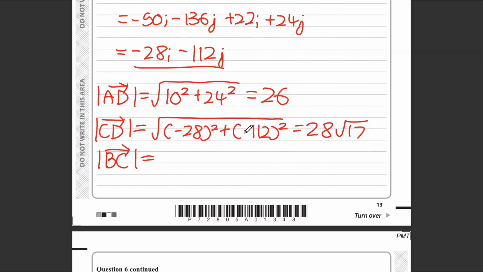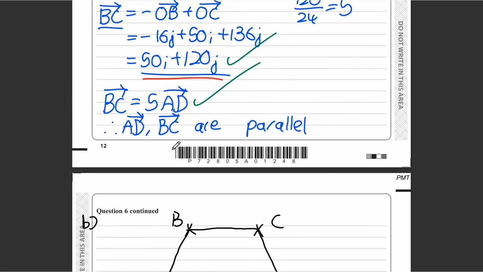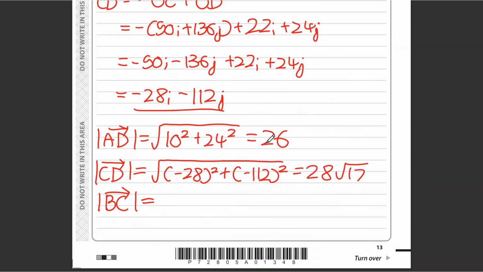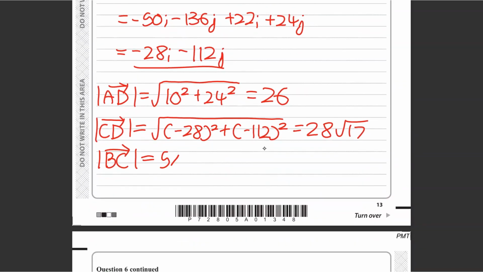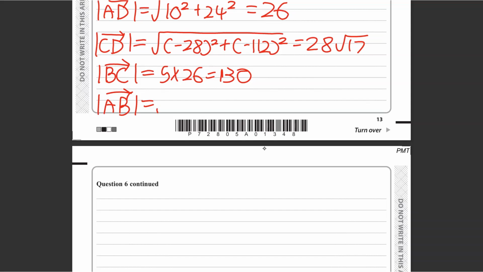Now, we could do it by using the formula that we did here, but as we were told that BC is equal to 5 times AD, and we figured out the magnitude of AD, which is 26, we can just do 5 times 26 in order to find this magnitude, which is equal to 130. And then if we find the magnitude of AB, so AB is this here, so it's going to be the square root of minus 12 squared plus 16 squared. And if you put this into your calculator, it's equal to 20.